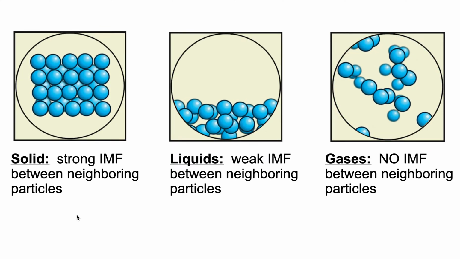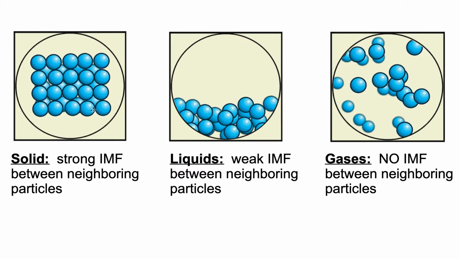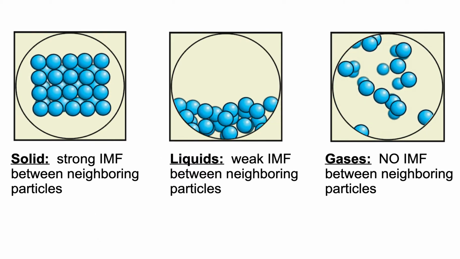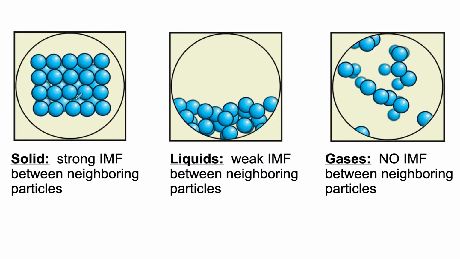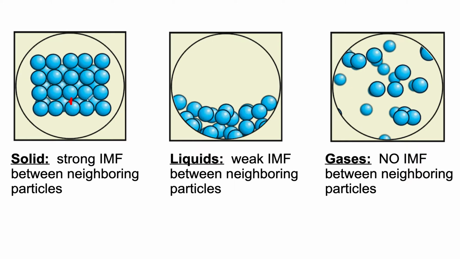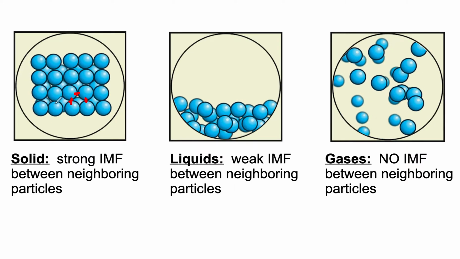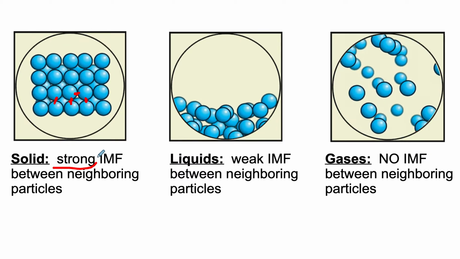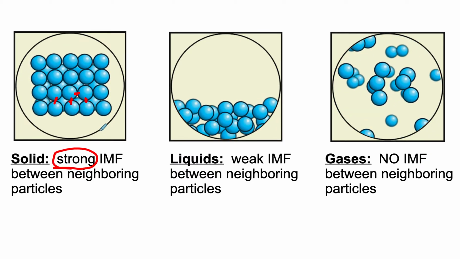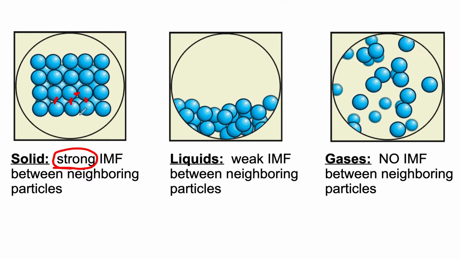In a solid, those flashes would be unbelievably bright and they would be all over the place. And I can't really show you or animate it here, but they would be here constantly and here constantly and here constantly and here constantly because the particles are so close. There's really strong intermolecular forces. That's what keeps those particles together.